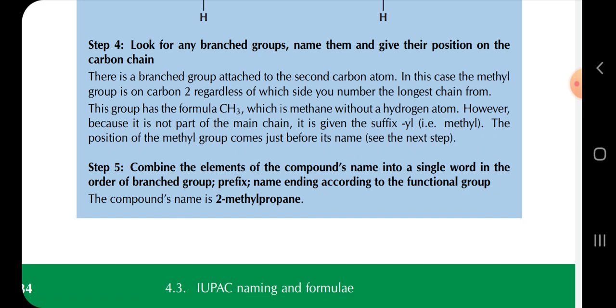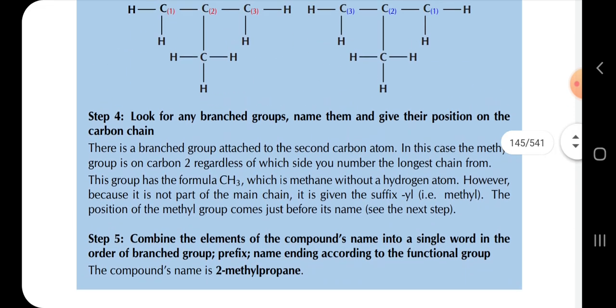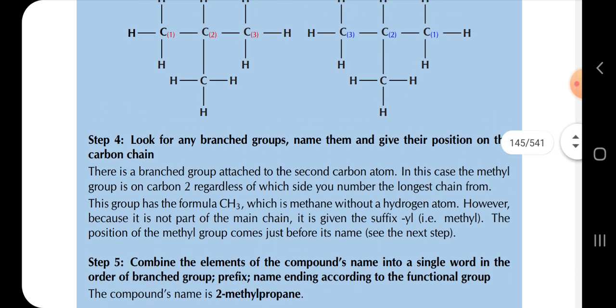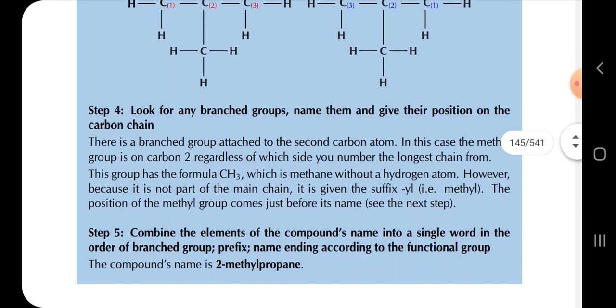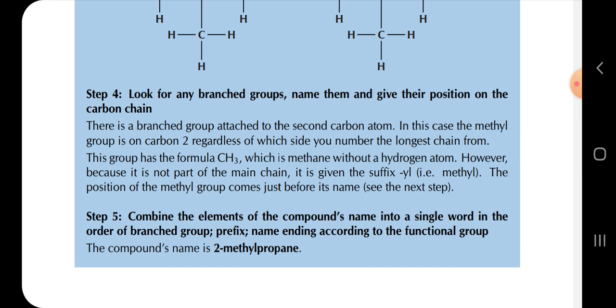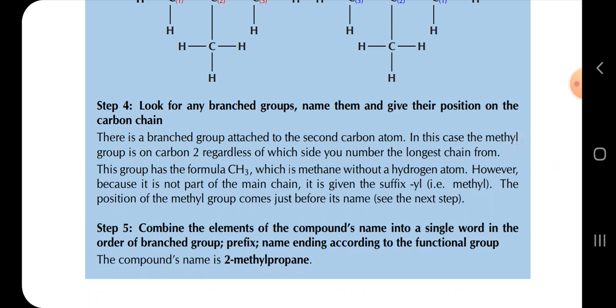If the branch is on the second carbon, we're going to do methyl. So it's 2-methyl, and then the number of carbons is prop. 3 carbons means prop, so we'll have 2-methylprop, and this is an alkane, so we'll have propane, with -ane at the end.